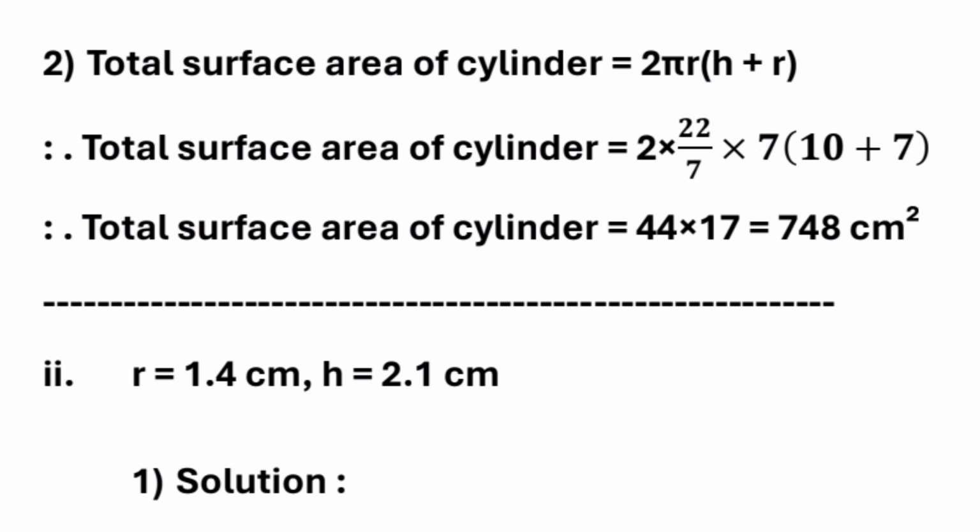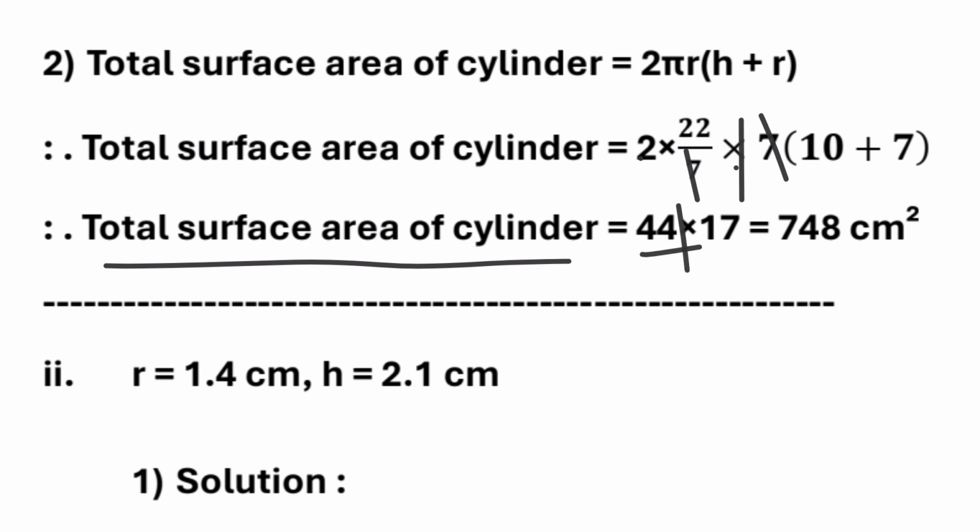Here numerator 7 and denominator 7 cancel. Therefore total surface area of cylinder is equal to 2 into 22, that is 44, into 10 plus 7, that is 17.